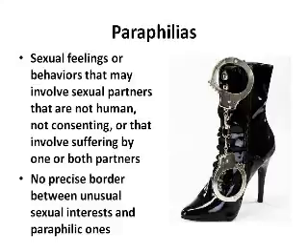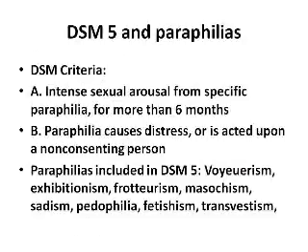The DSM-5 criteria is, first of all, an intense sexual arousal from specific paraphilia for more than 6 months. Second of all, and this is the important part, paraphilia causes distress or is acted upon a non-consenting person.